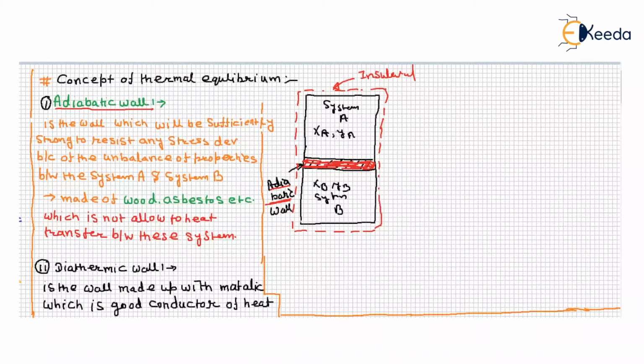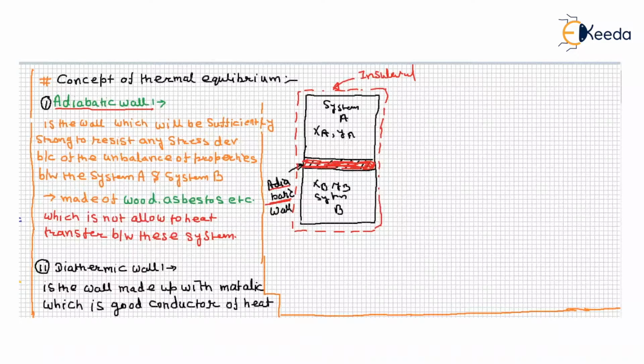Due to the unbalance of properties, naturally these two systems try to achieve equilibrium, but the adiabatic wall is a kind of wall which resists the stress developed by the two systems. It will resist.